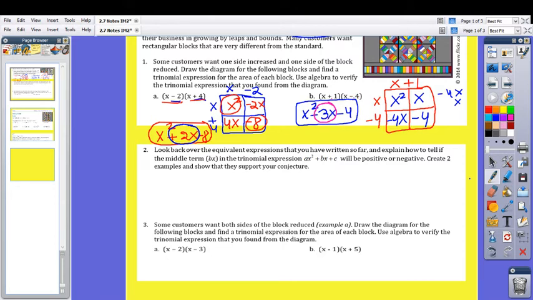So the thing is, let's rewrite it. If it was this, then we got positive 2x as the middle term, and if we had this, then we got negative 3x.